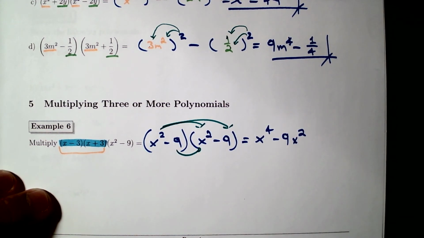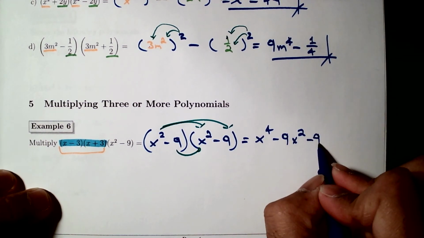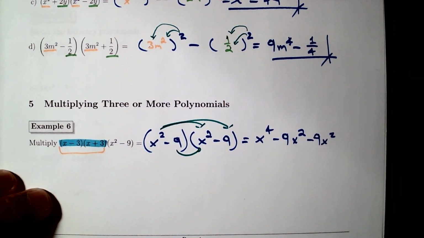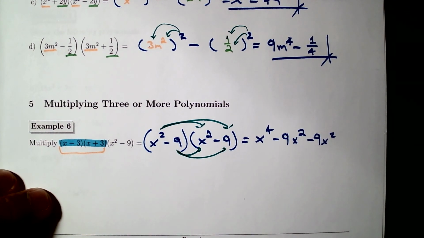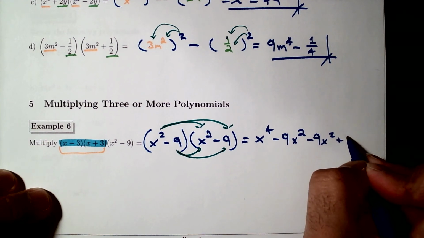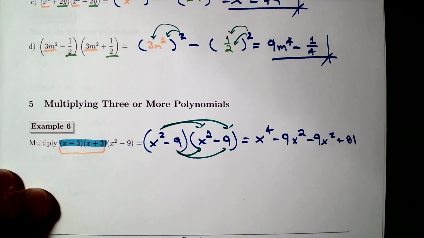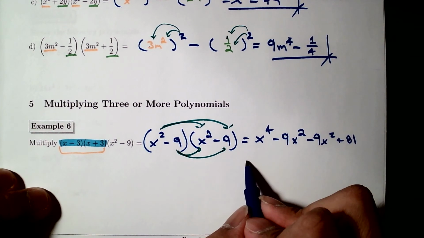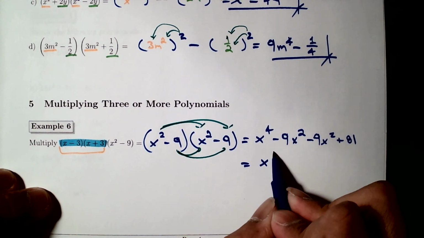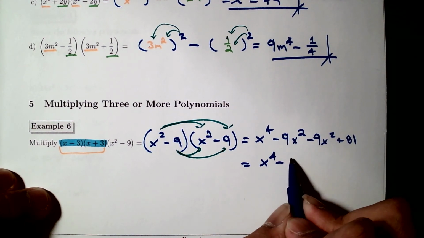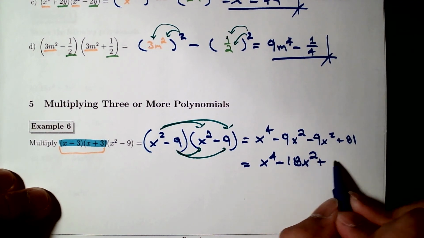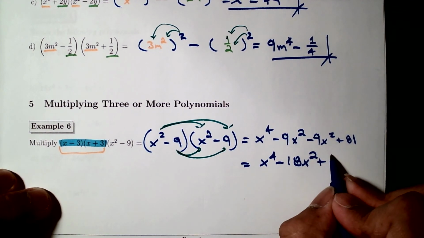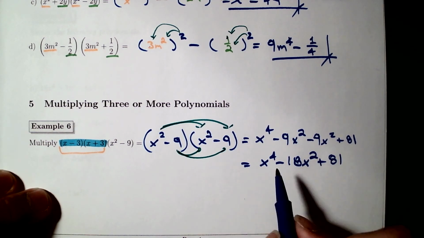Negative 9 times x squared, that's negative 9x squared. And finally, a negative times a negative is positive, 9 times 9, that's 81. So in this case, x to the 4th, combining like terms, negative 18x squared plus 81. Final answer.